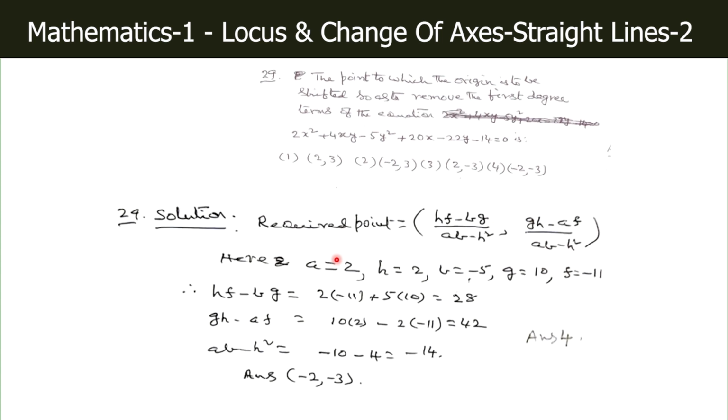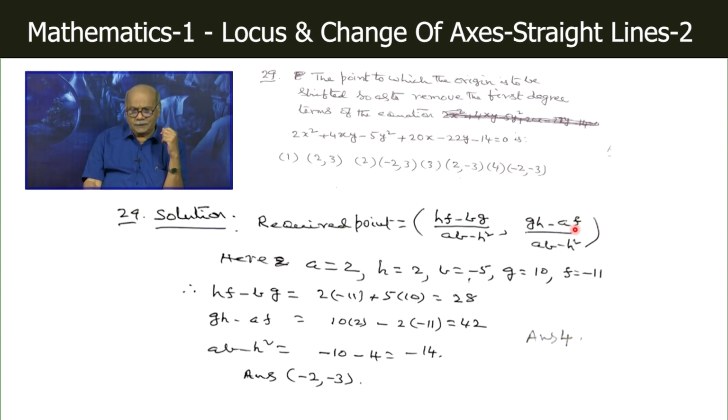So, to remove the first degree terms from the second degree equation, you have to shift the origin to the point hf minus bg by ab minus h square, and gh minus af by ab minus h square. Here, ab minus h square is minus 10 minus 4, which is equal to minus 14. hf minus bg is 28, that means 2 into minus 11 plus 5 into 10, and gh minus af is 10 into 2 minus 2 into minus 11, which is equal to 42.